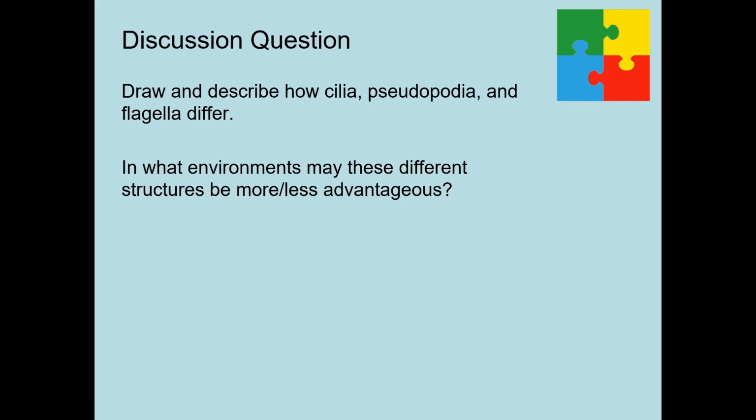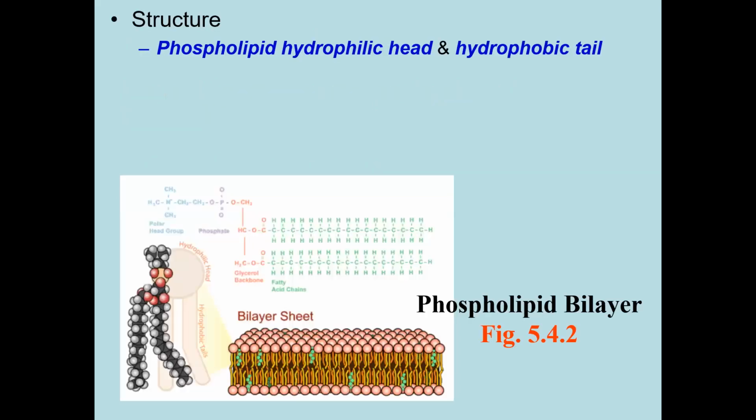So think about where you would want to swim or have water propel fluid past you, compared to if you have a foot that you're going to use to drag and pull. What environments might that connect to? In humans, the only cell that is flagellated, for example, is a sperm. How does the environment that a sperm moves through compare to different cells of a human body? So think about those types of ideas and work on that question.